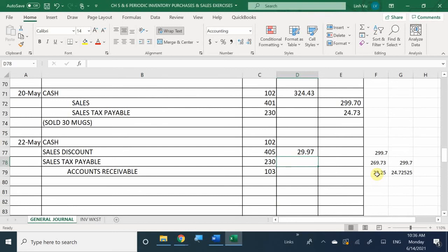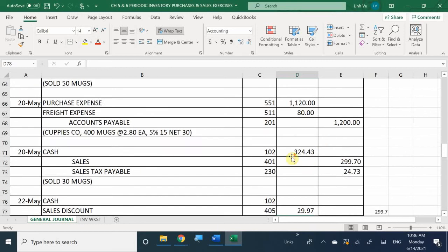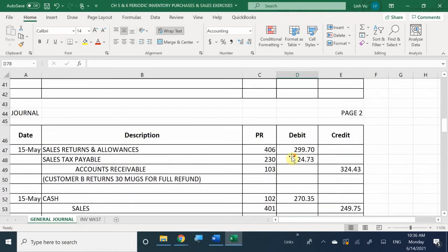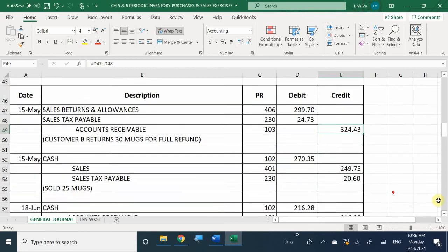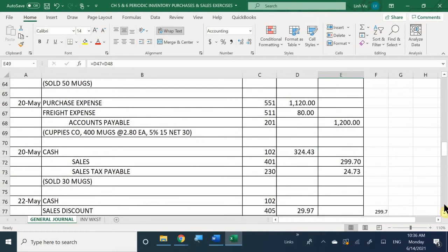That's why I'm asking, when we gave the refund on the 15th for the 30 mugs, shouldn't any tax for the 30 mugs that were returned have been applied to the refund on the 15th? We did. Okay, so the only thing that we should be taxing now is the 269. Right. And that's exactly what I did here. But my question to you is, how much are we refunding because he's being taxed at the discounted amount?